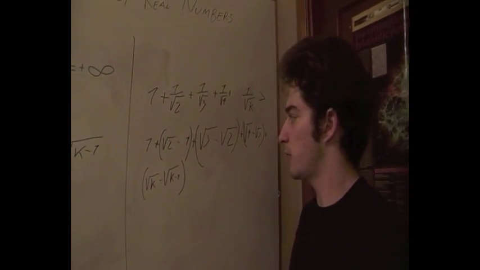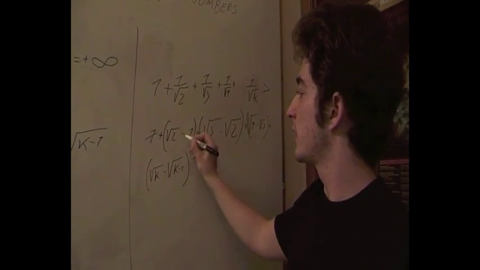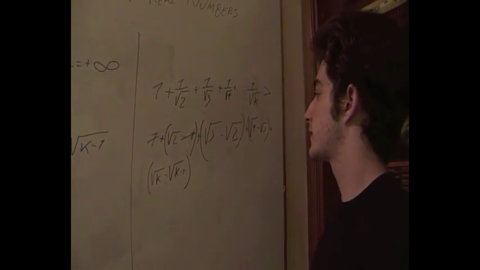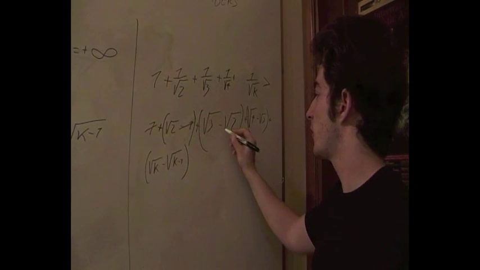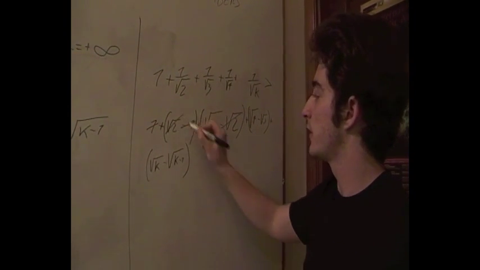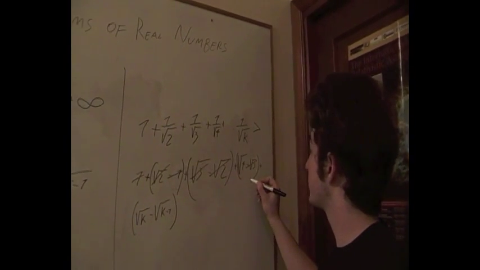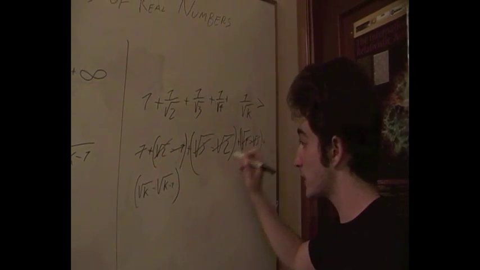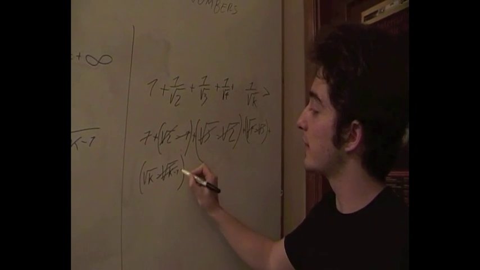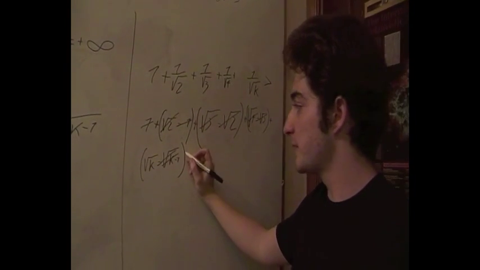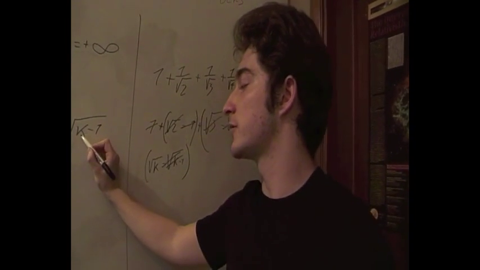Now, what do we see here? Well, we have this minus 1 that gets simplified with this 1 over here. We have this minus root of 2 that nullifies itself with the root of 2, we have the root of 3 that nullifies itself with the other one, and so forth, and we realize that it always simplifies, and the value is equal to root of k minus 1.